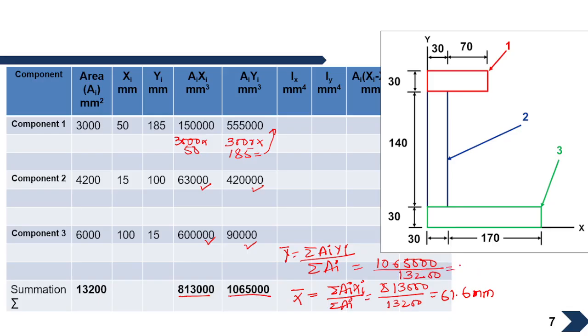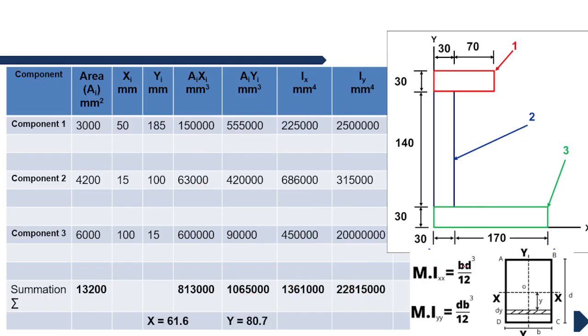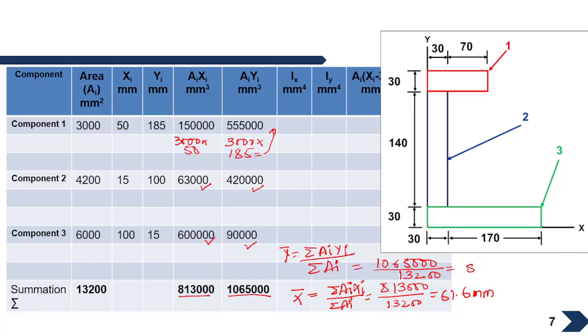This will give me 80.7 mm. So we have got x bar and y bar, meaning the centroidal axis of this I section. Now we'll calculate the moment of inertia about this centroidal axis at the end. First we'll see other steps.